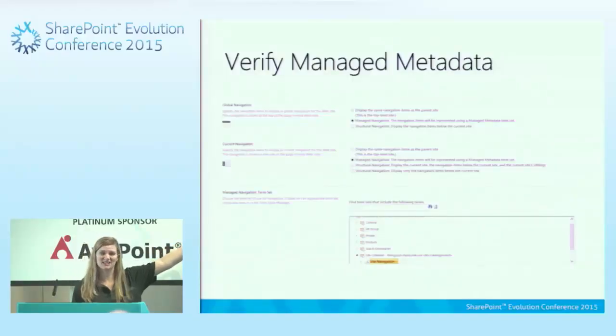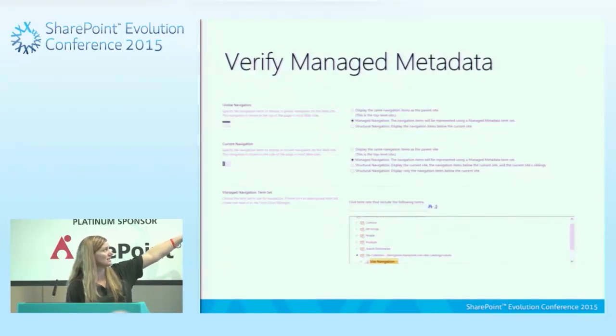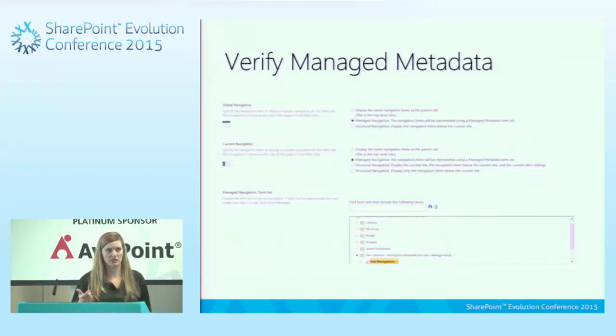I always say verify your managed metadata. So when you go in, make sure that you've got this in there. It's easy: if you go into the site settings and manage your navigation, you'll see that it tells you that you're using managed navigation instead of the structured navigation for the site. So always verify that, even though you turn it on there in the catalog and it's supposed to turn it on for you, go and make sure.